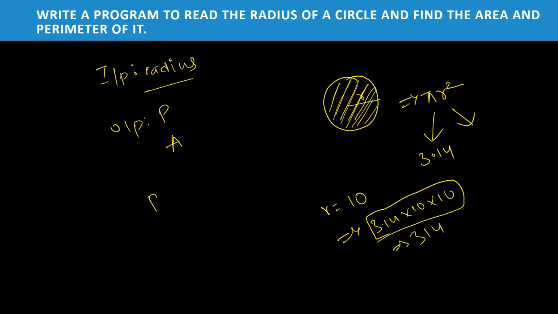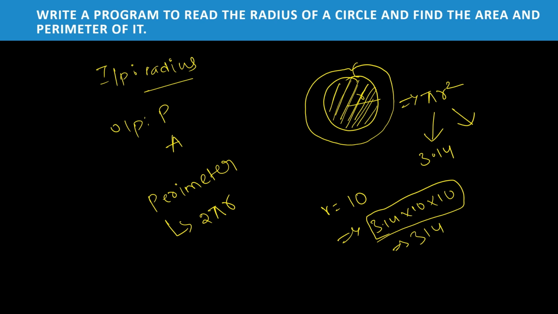Now coming to perimeter. Now I want to cover the circle, meaning I will take a thread and cover the entire circle. It is known as perimeter. The circle formula for it is 2 pi r.